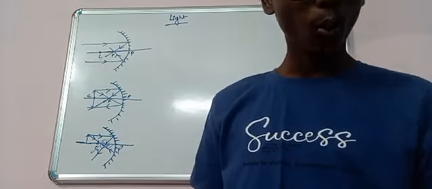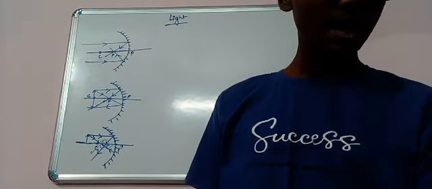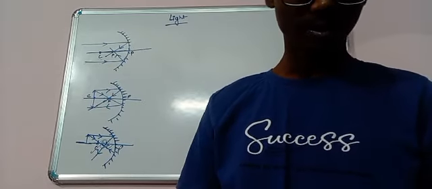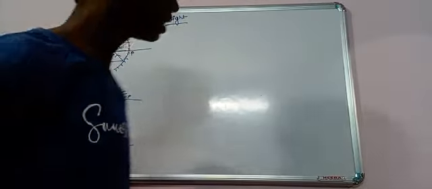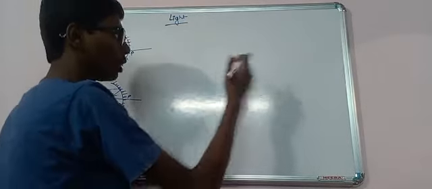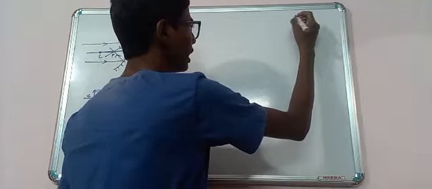Next is when your object is placed between center of curvature and focus. Now here there is a twist, because in the earlier cases things were getting diminished. Now here you will see the image size is getting magnified or enlarged.